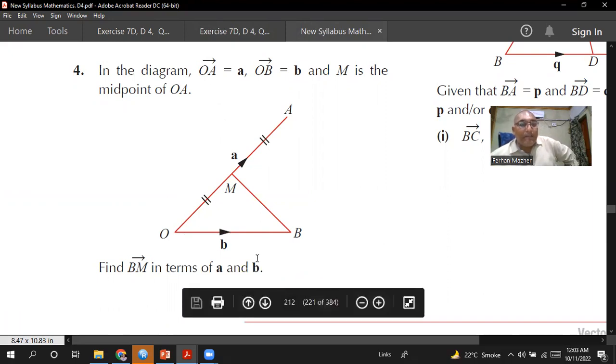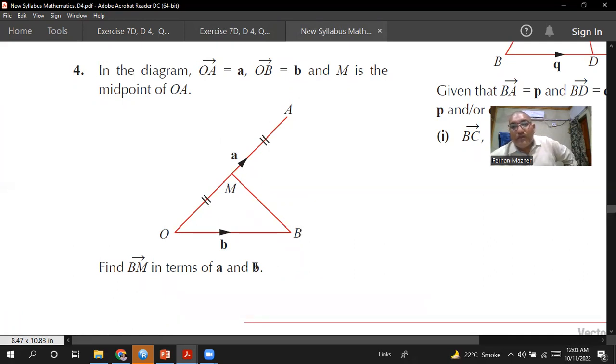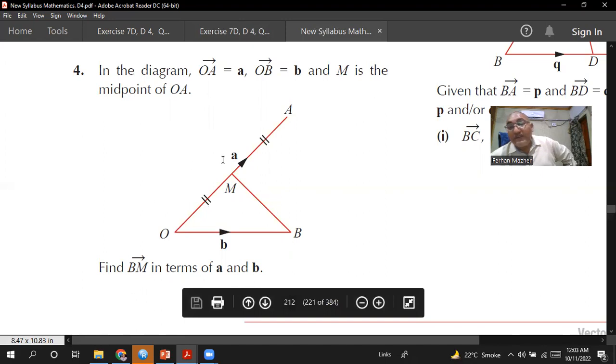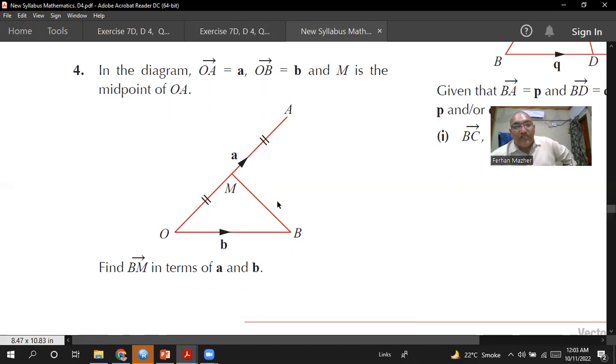Find the BM in terms of a and b. If you want to go from B to M, you will go from B to O, O to M. We say bypass. B to O will be minus b, and O to M will be half of small a.